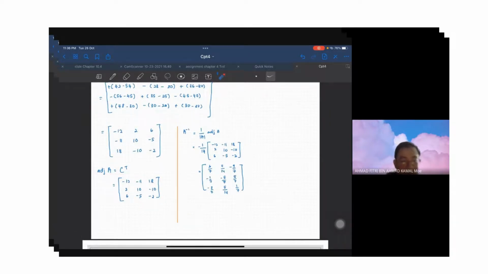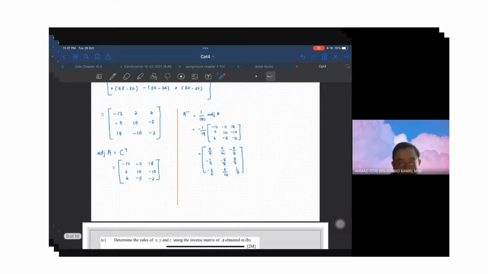So by using the cofactor transpose, we get the answer for adjoint A. Since the question asks for the inverse matrix, we find A inverse using the equation 1 over determinant A times adjoint A. So we substitute the determinant A that we got earlier, 14, and adjoint A. Then we multiply and get the answer as shown below. That's it for question B.